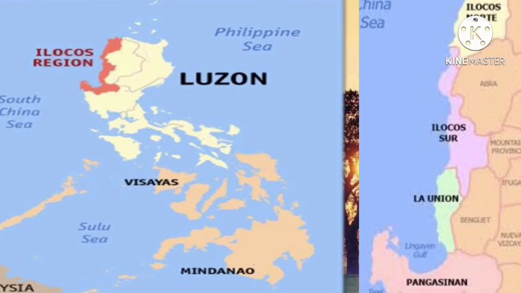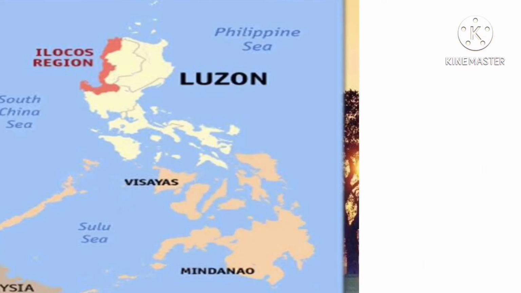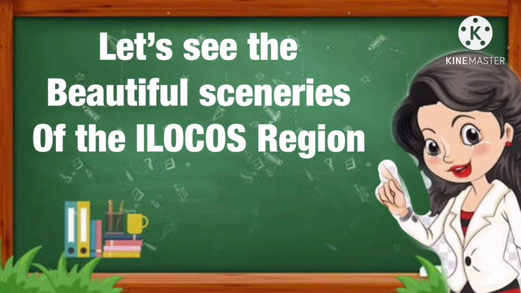The region comprises four provinces. Number 1 is Ilocos Norte, number 2 is Ilocos Sur, number 3 is La Union, and number 4 is Pangasinan. Now let's see the beautiful sceneries of the Ilocos region.